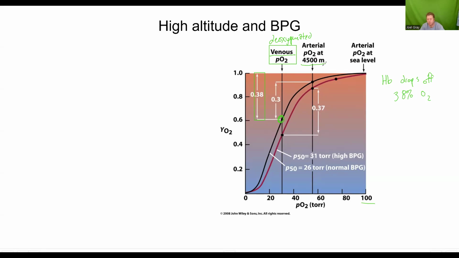So let's say that we've gone and we're climbing Mount Rainier. There we go, keeping it domestic in 48 states. So you're climbing Mount Rainier. Well, when you get up to 4,500 meters, the O2 concentration in the environment is only about 50 torr.